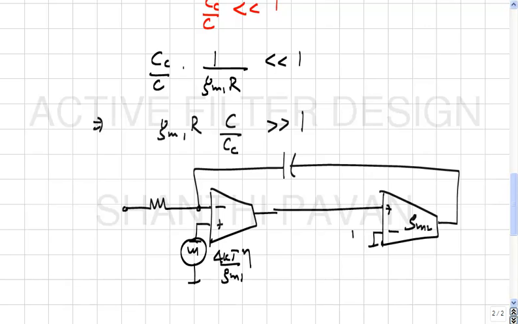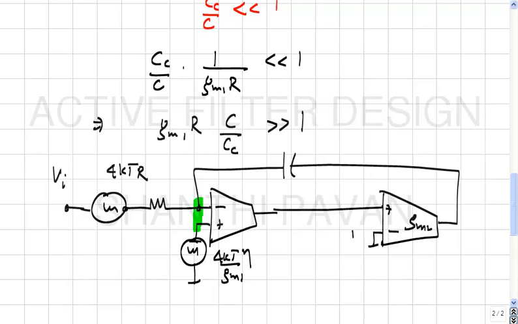Which means, as far as the resistor is concerned, what is the spectral density of this? 4 kT R, right? And if you have done a decent job, the difference between the input terminals of the transconductor must be roughly 0.